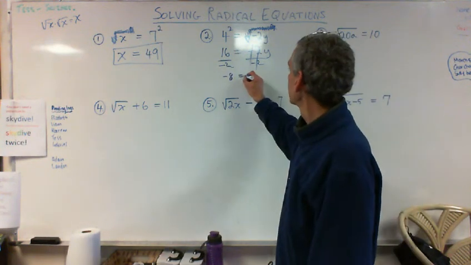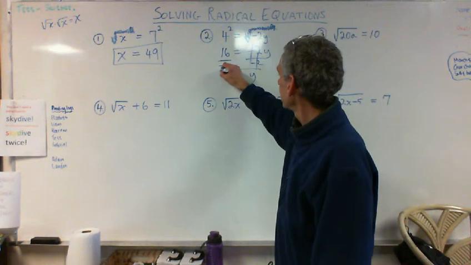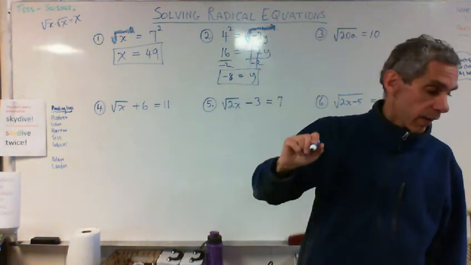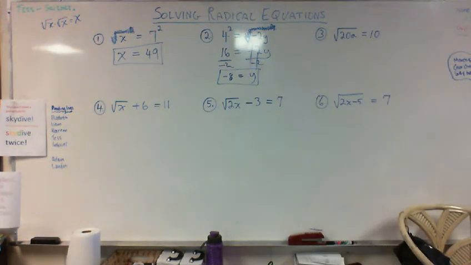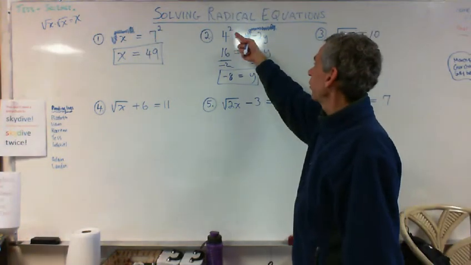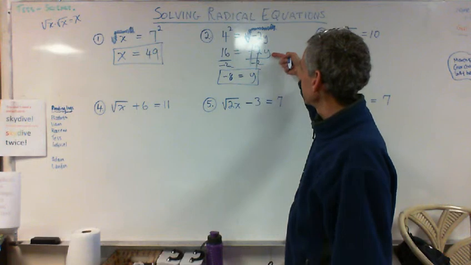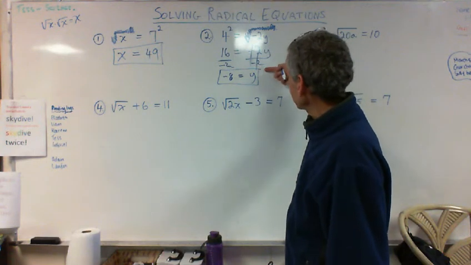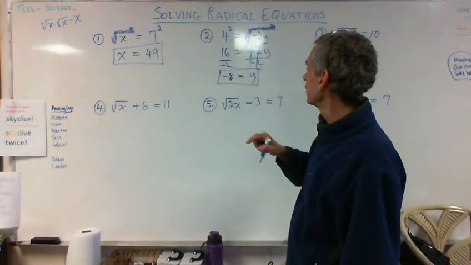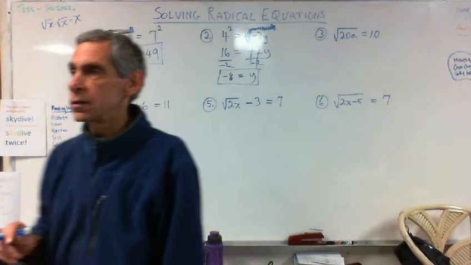Negative 8 is equal to y. That's the answer. You're just trying to get to y equals something. So all we did is we squared it. Domenica squared both sides, and that simplified things immensely. Then Kala divided both sides by negative 2 and got y equals negative 8.